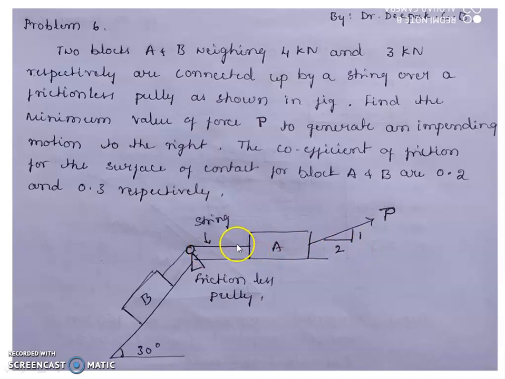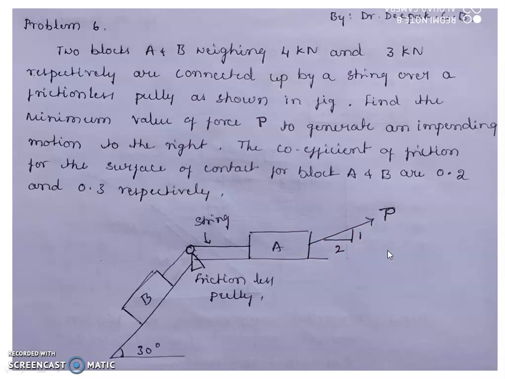What are the forces present? One is tension in the string, acting away, which is unknown. Another is the pulling force P, which I have to find. This is also unknown. Since my block is moving towards the right direction, friction will be generated opposite to the movement of the block. It is towards the left direction. Friction is also unknown.